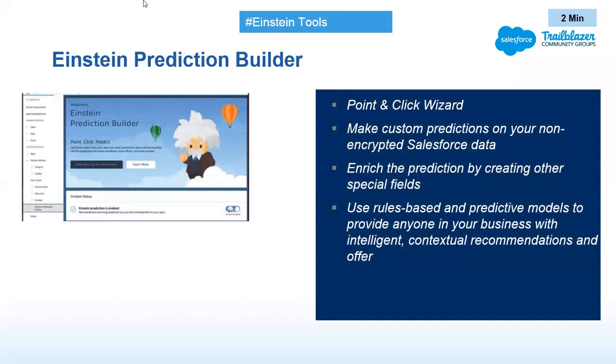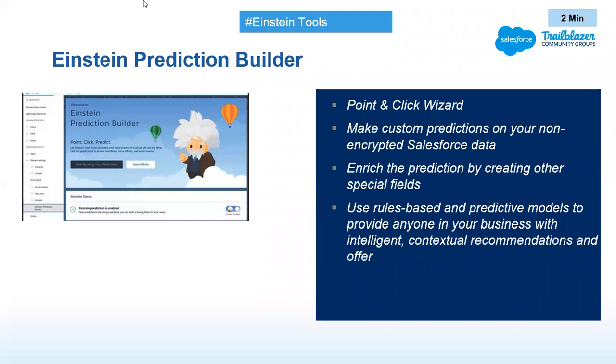There are many more tools. We are not able to cover all the tools today, but there are other tools available which could be used for various use cases for CRM-specific AI. One of the tools is Einstein Prediction Builder, which is a simple point-and-click wizard tool that allows you to make predictions.